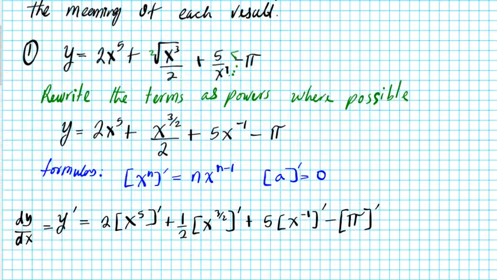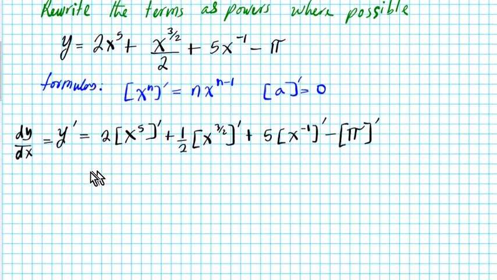Now let's go ahead and differentiate. We're going to have y prime equals 2 times 5, power down the power, x to the, mark down the power by 1, plus, next term, we're applying the power rule again, so it's going to be 1/2.